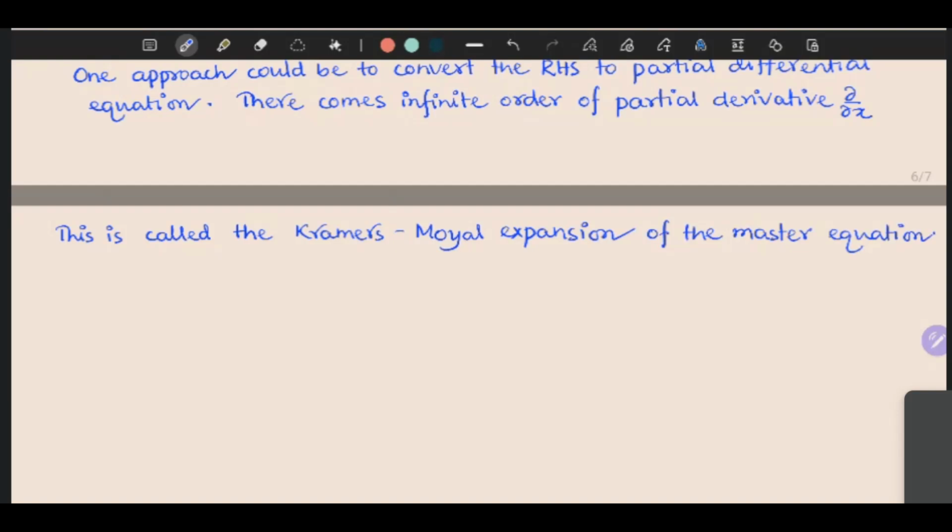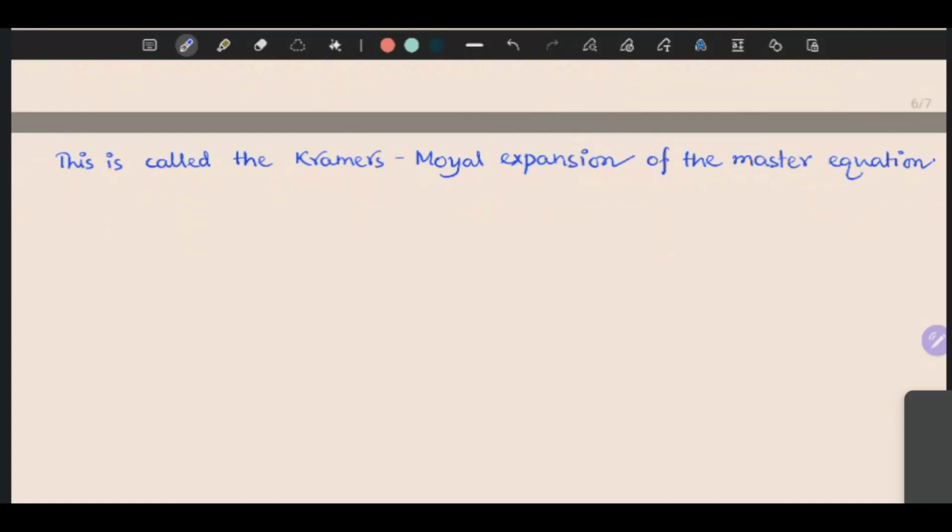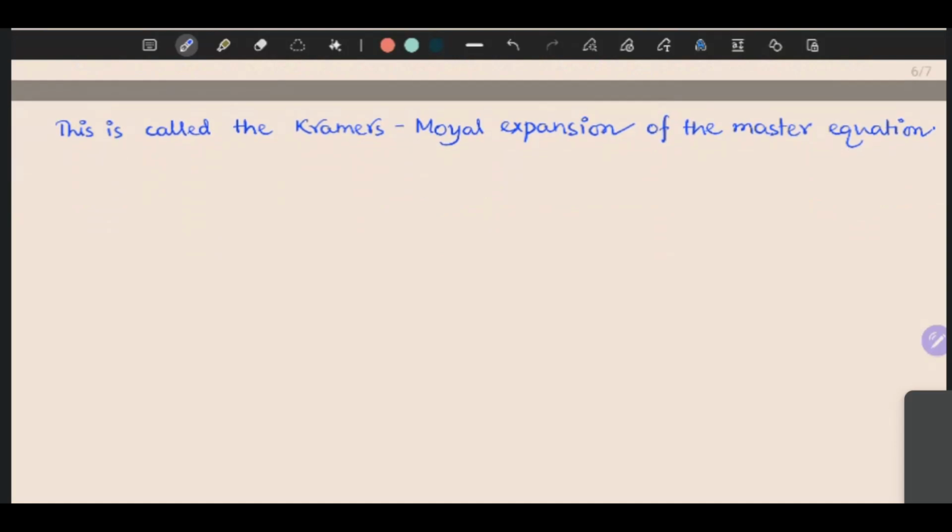Okay. So in many physical conditions, the master equations can be either reduced or approximated to a second order partial differential equation.